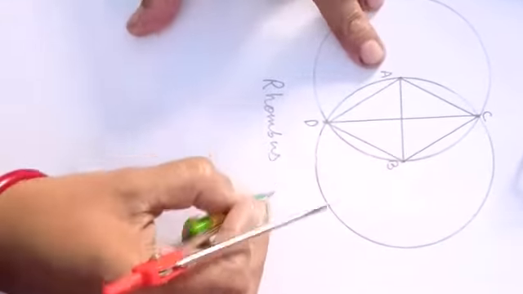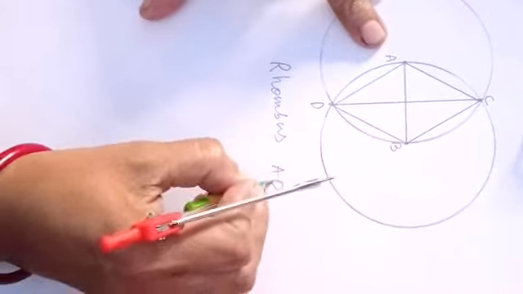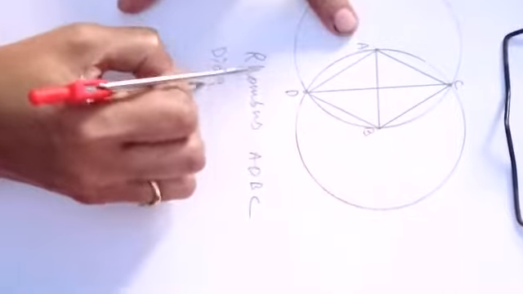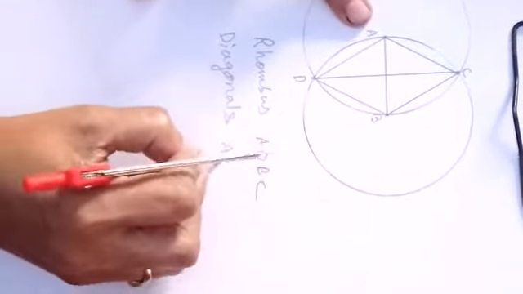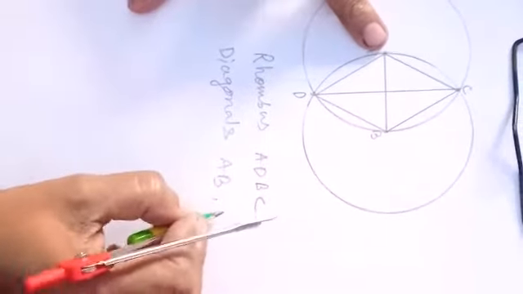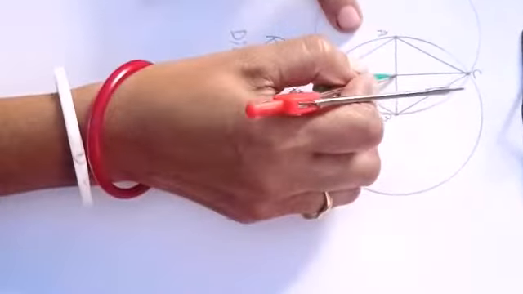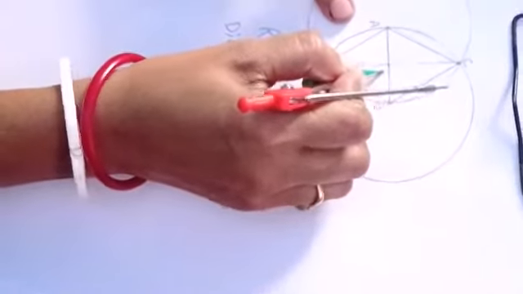Which rhombus have you got? Your rhombus is ADBC. Two diagonals you have got: one is AB and another one is CD. They bisect at, if we consider this one as O.